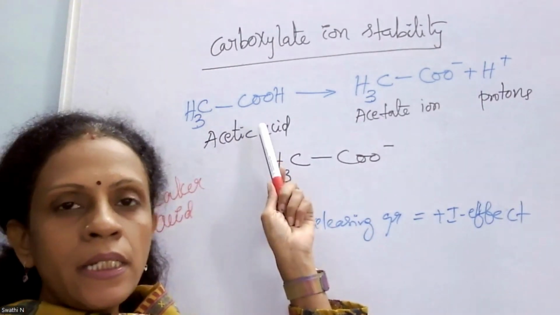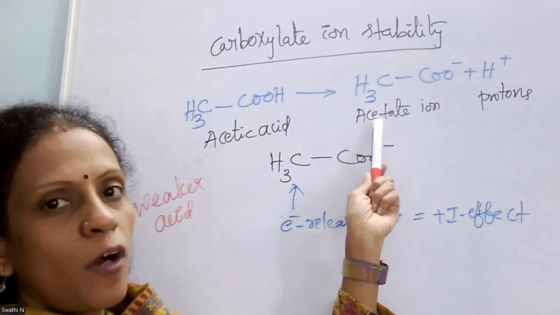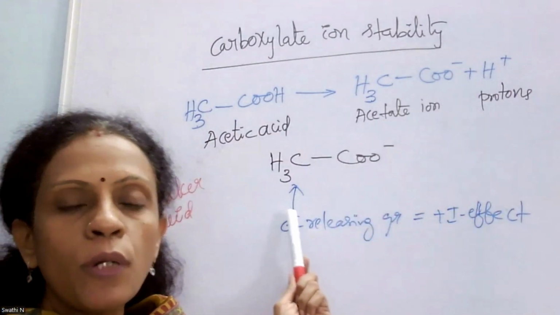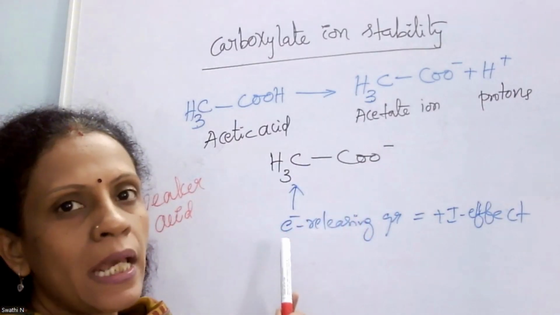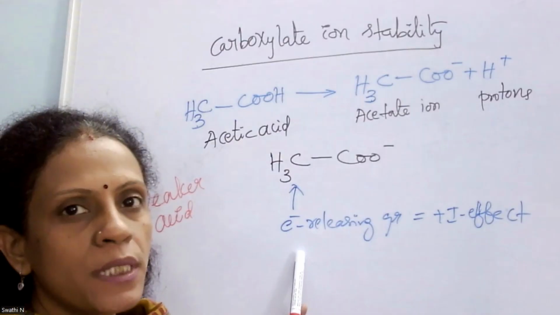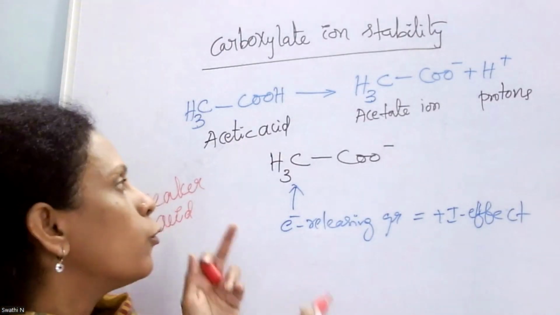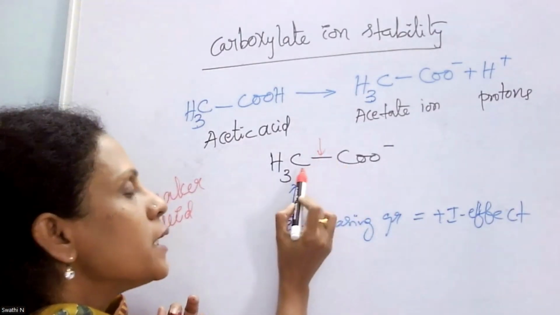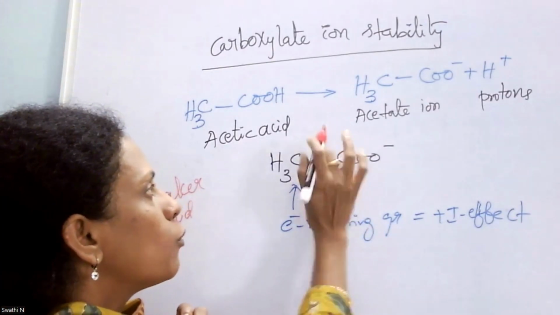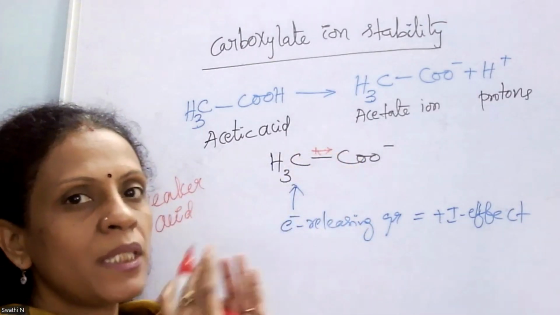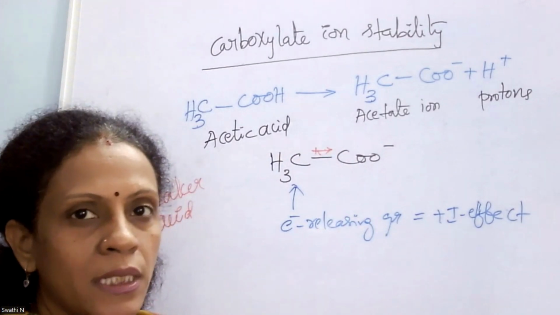Acetic acid, also being a carboxylic acid, releases protons upon formation of acetate ions. If you look at the stability of acetate ions, they have a methyl group, which is an electron releasing group and produces the plus I effect, that is the positive inductive effect. Because of this, the bonded pair of electrons between the carbon of the methyl group and the carboxylate ion is pushed more towards the carboxylate ion, because the methyl group is an electron donating group.